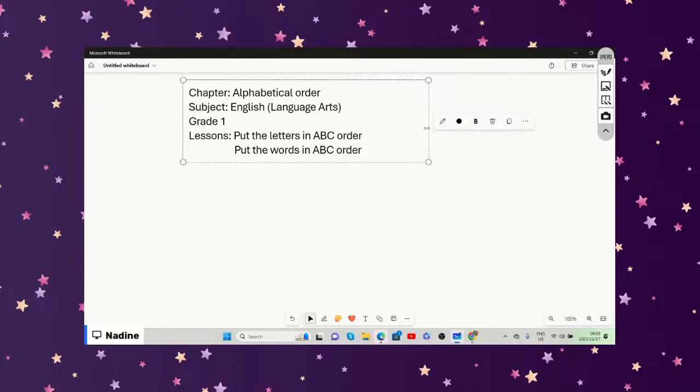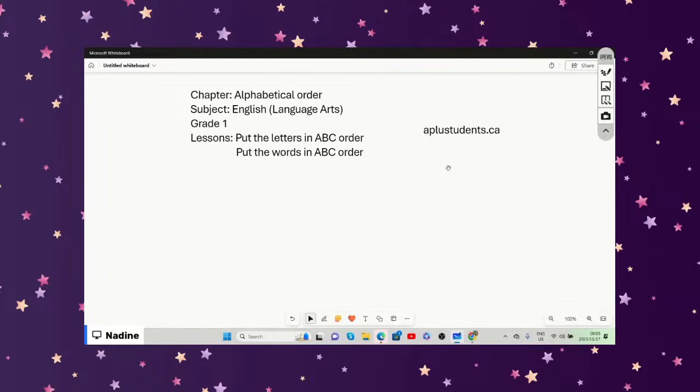Before we continue, we are going to do our tutorial lesson on aplusstudents.ca. Our chapter is alphabetical order. The subject is English, which is also language arts, grade 1.